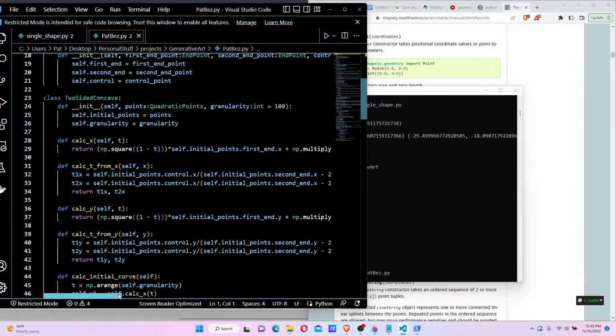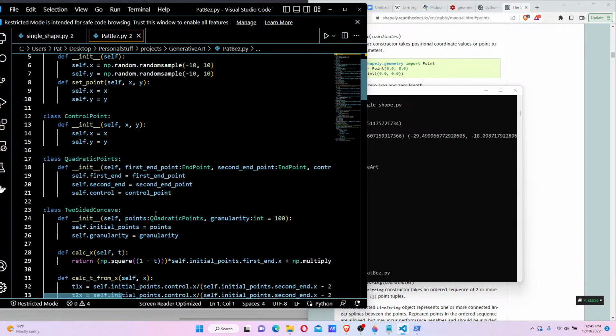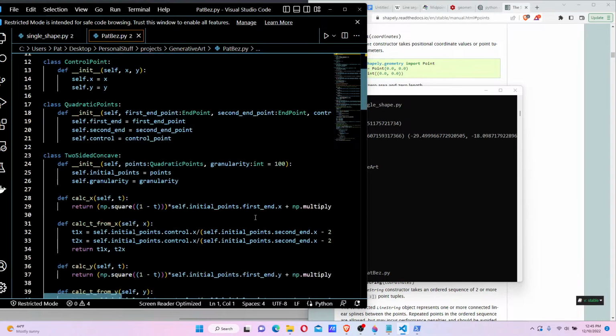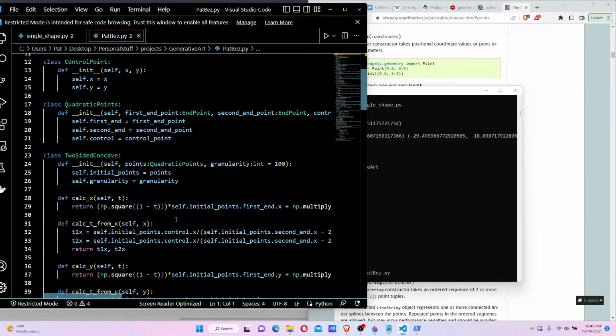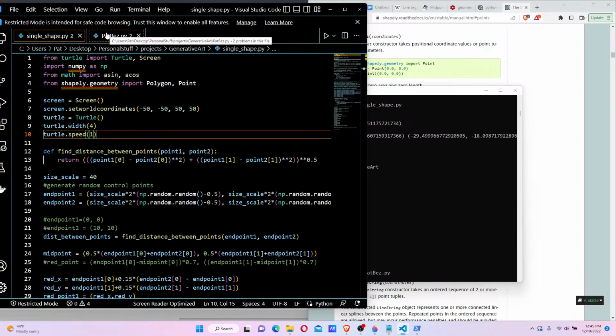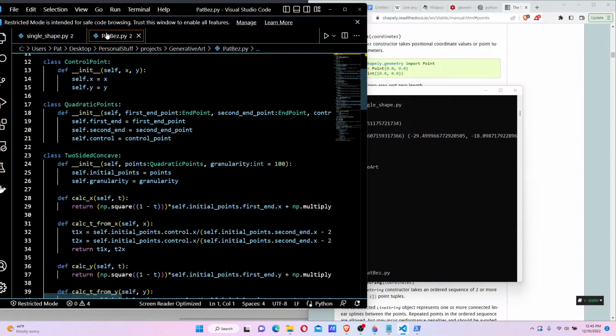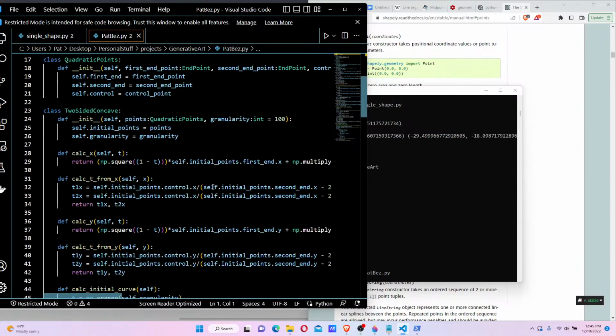Okay. Self.initial points. So I kinda have some code that does it. Calculate points. Okay.